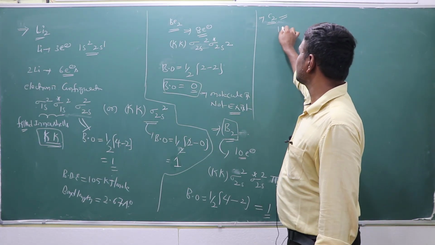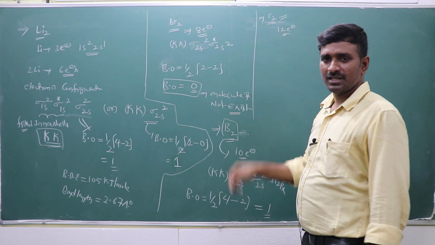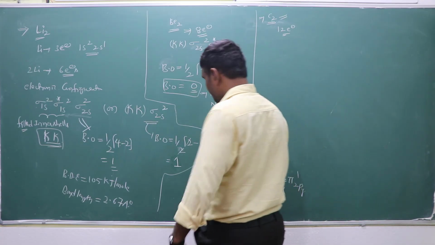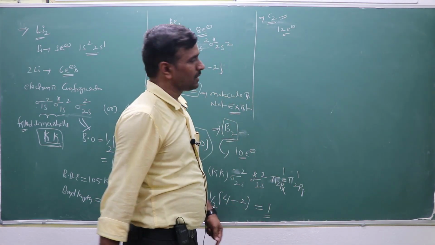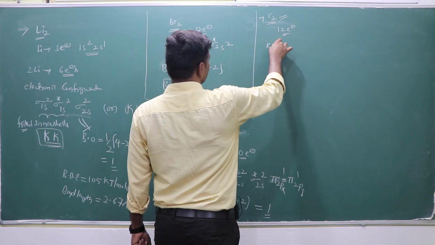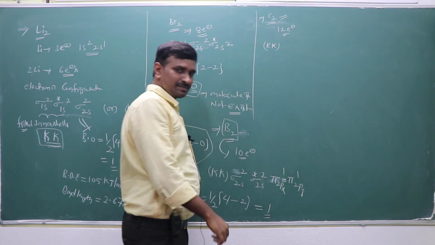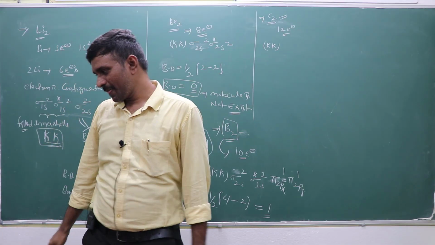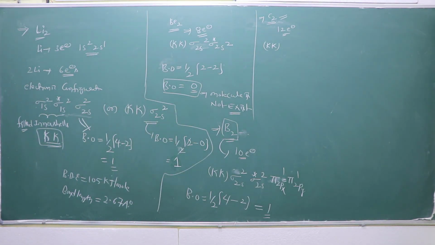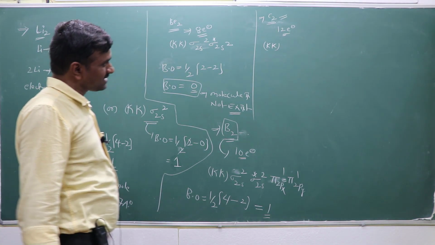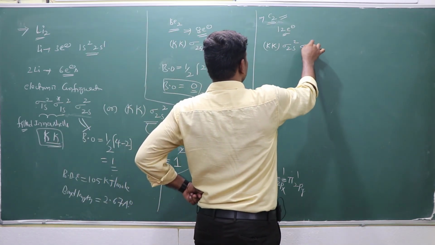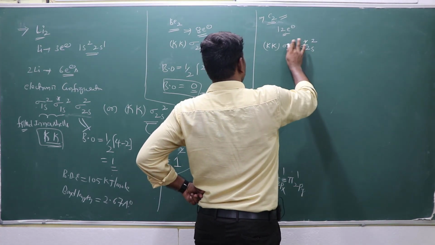That means each carbon has 6 electrons, so the C2 molecule has 12 electrons in total. The KK shell will be filled, so 4 electrons are used. Next, how many electrons are left? 8 electrons. That means σ2s², σ*2s².